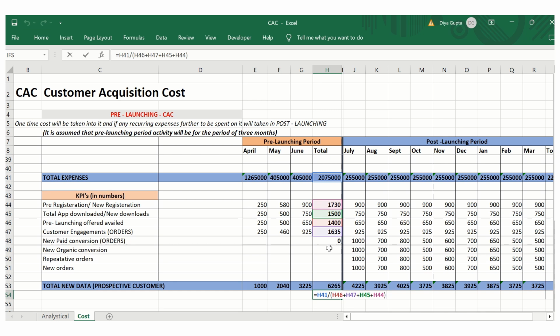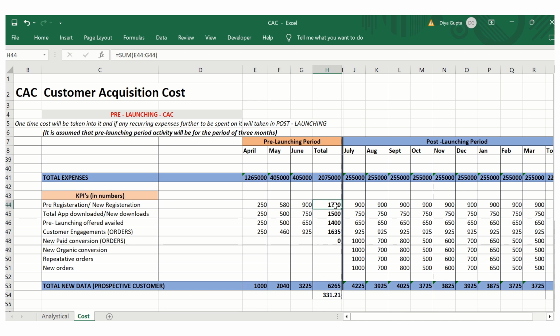If you have that option where customers can pre-order before the launch, and you are stimulating the customer by giving some rewards, then that expense cannot be split into these categories I shared with you. So I took the total number of app registrations, app downloads, and those who have availed your pre-launching offer, with a unique number, not a repetition.